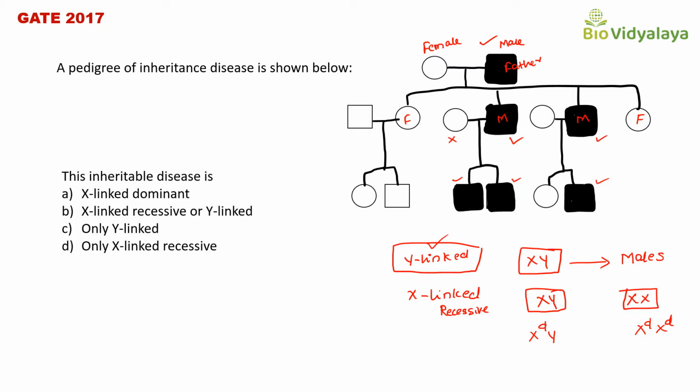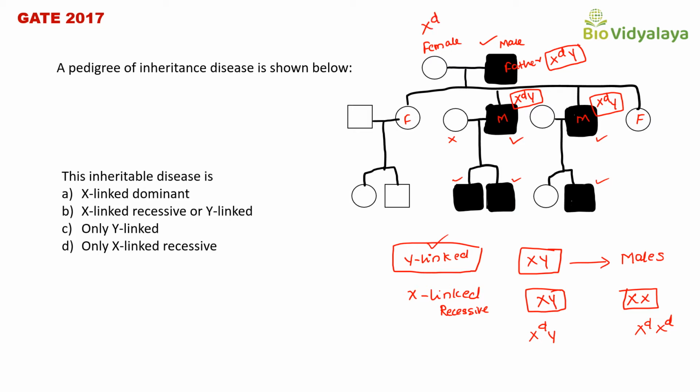Here you can see that the father is affected, isn't it? And all his male offspring are also affected. So we can say that this father is XdY, and all his male offspring are also XdY. So this recessive trait in the male offspring is coming from his mother.